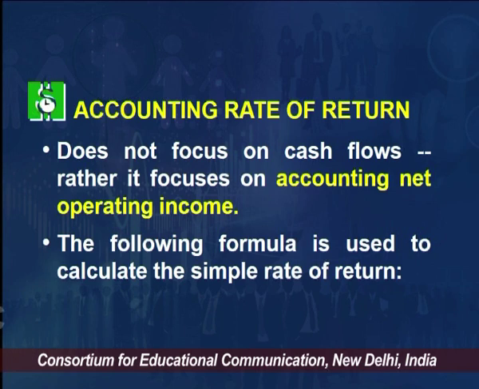So, the accounting rate of return does not focus on cash flow, that is the first important thing. It focuses on accounting income or net operating income. We do not consider cash flows, because in the past we have discussed that for capital budgeting decisions, of course for the modern discounted techniques, we use only cash flows.